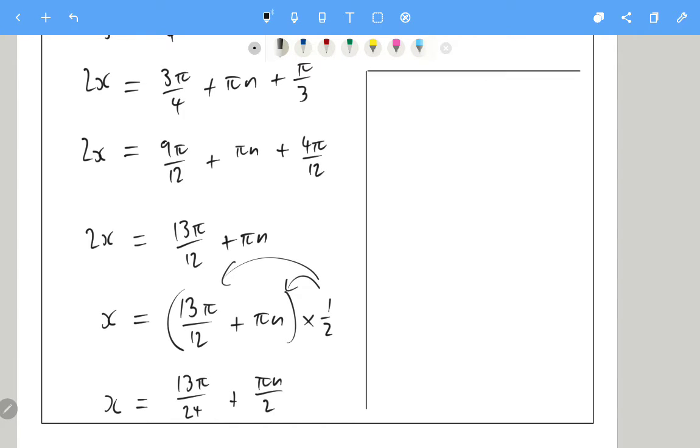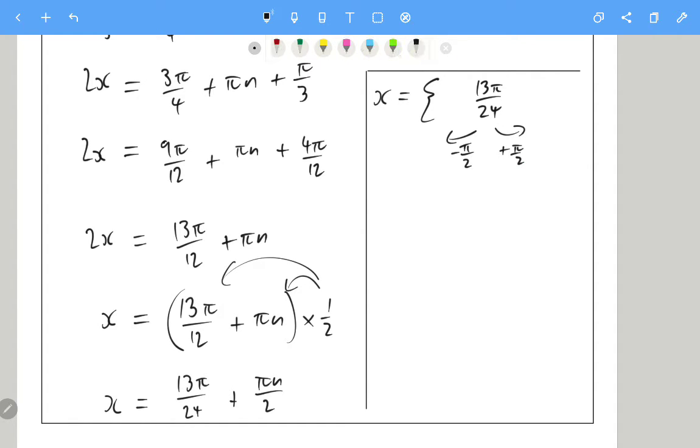So, starting with our first solution being 13 pi on 24, and I can go both ways, plus or minus pi on 2.